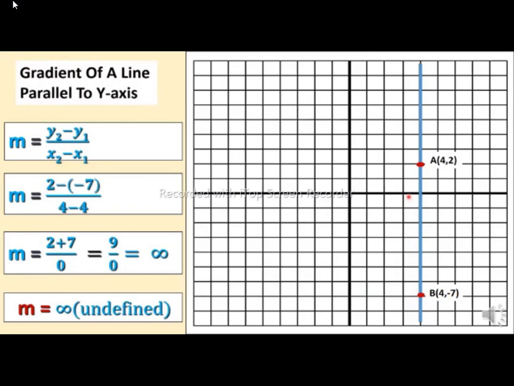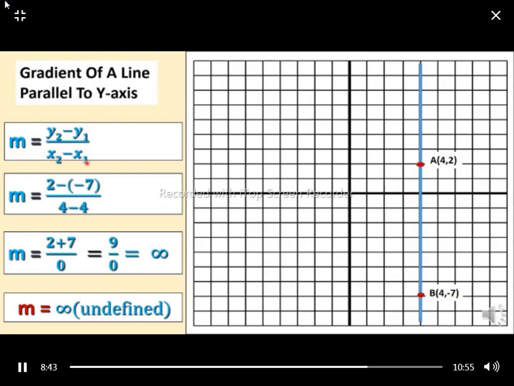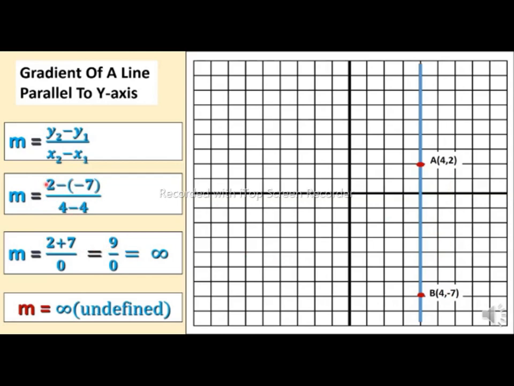So here the gradient formula is m equal to y2 minus y1 over x2 minus x1, where the y points are 2 and minus 7. So 2 minus into minus 7 becomes 2 plus 7, which is 9, over x2 minus x1. Both x points are the same, 4 and 4.